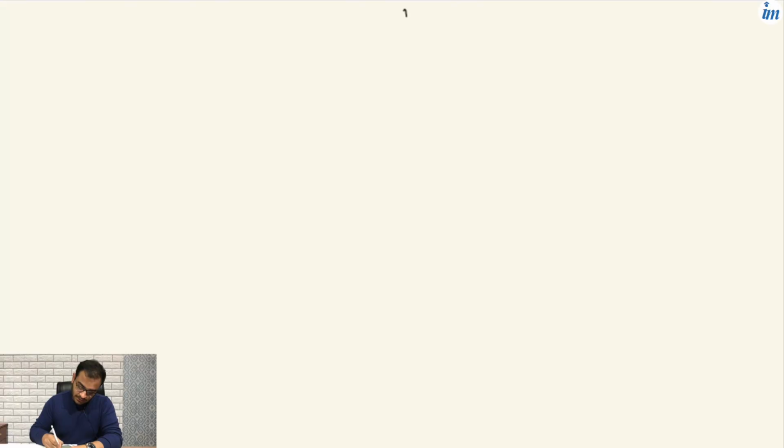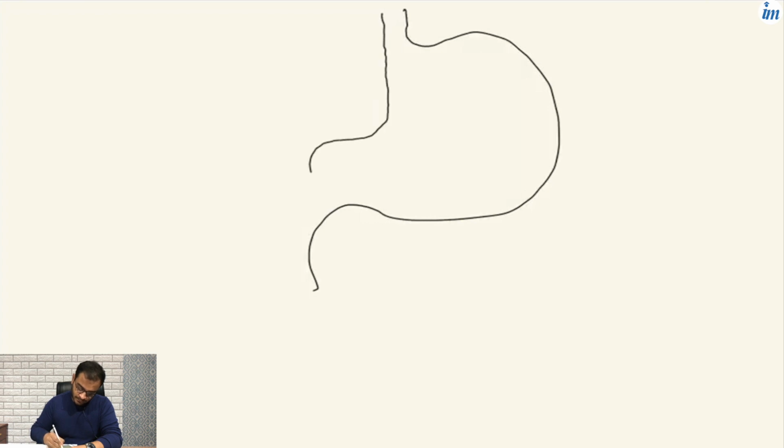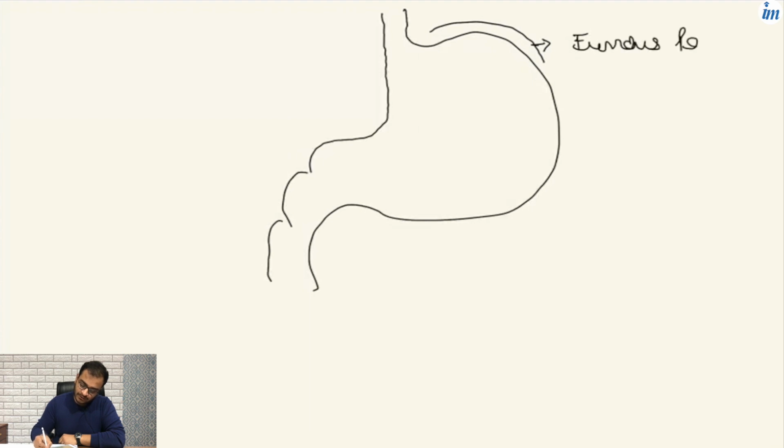Let's begin. Since class 11 and class 12 you know a little diagram about the stomach. Here it is. This part designates the fundus of the stomach. This part designates the greater curvature of the stomach.